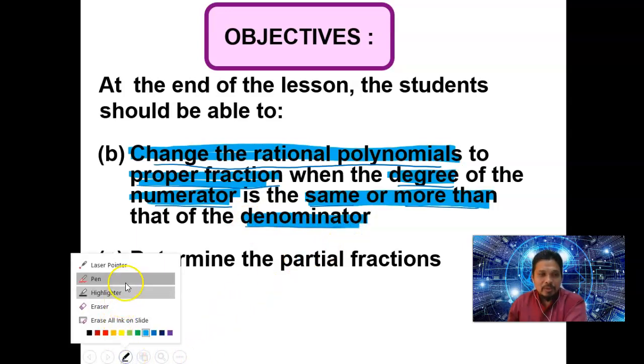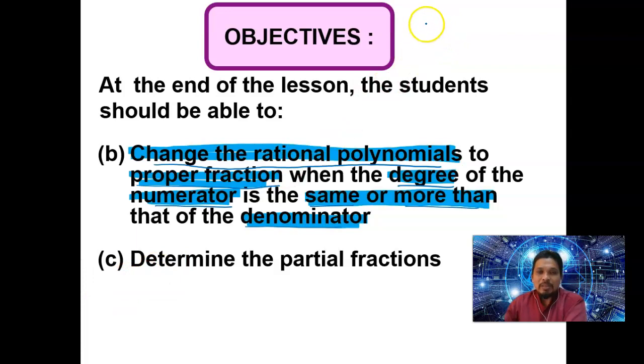For example, when we have x squared minus 2x divided by x squared plus 2x minus 1, the degree of x from the numerator is equal to the degree of x from the denominator.